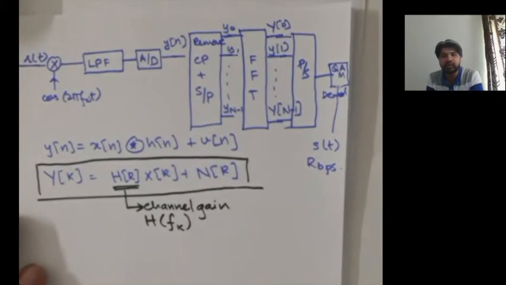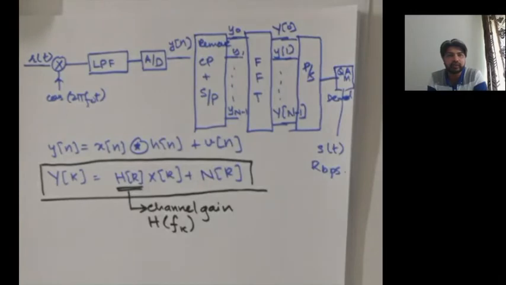That interference has been taken care of by adding the cyclic prefix, which totally eliminates the intersymbol interference in the OFDM transmission. Now let's look at the matrix form of the OFDM.